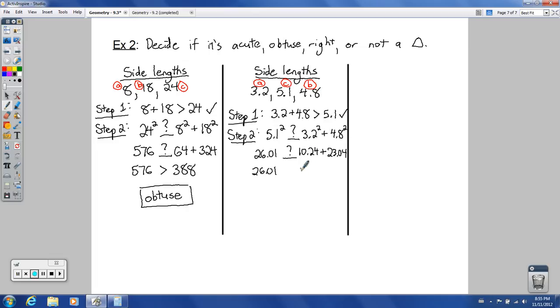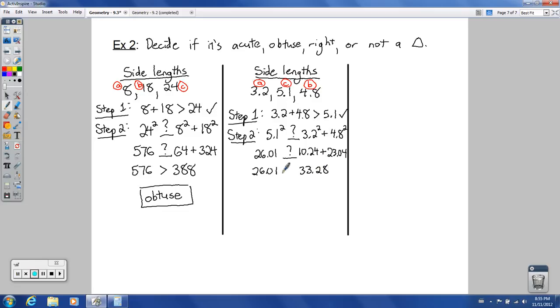If you add these two together, you get 33. 10 plus 23 is 33, and then 0.24 plus 0.04 would be 0.28.